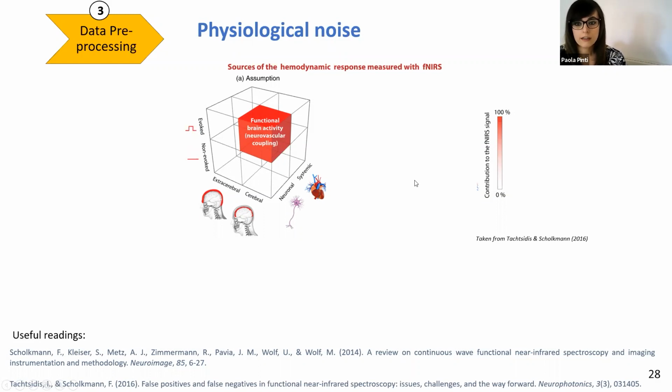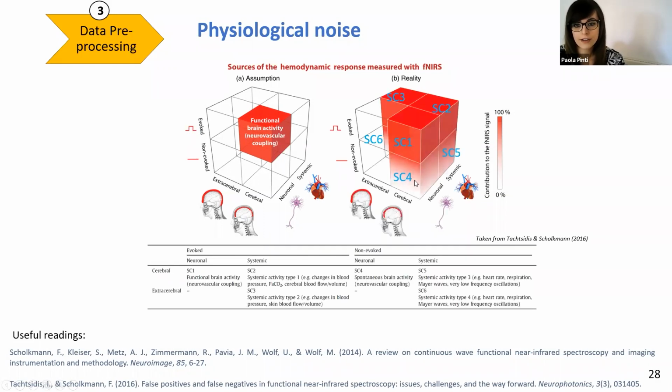But in reality, our fNIRS signal is actually a mixture of a lot of other components that can be both of neuronal and systemic origin, and can also be spontaneous or elicited by our cognitive task, coming from both the cerebral compartment and the extracerebral compartment of the head. So with the preprocessing, what we want to do is basically to minimize all these components and maximize the hemodynamic changes, our task-evoked hemodynamic changes.